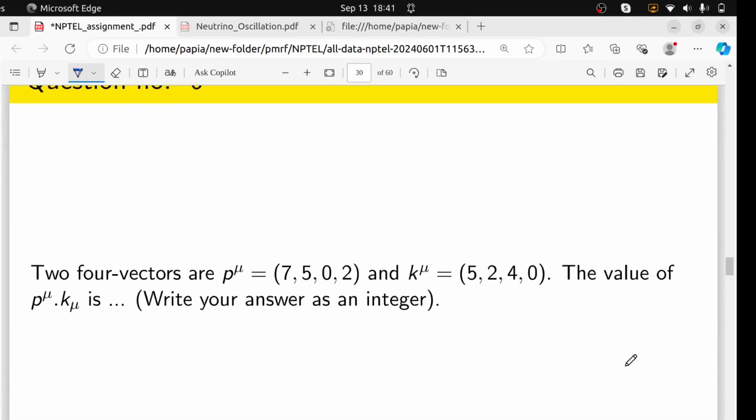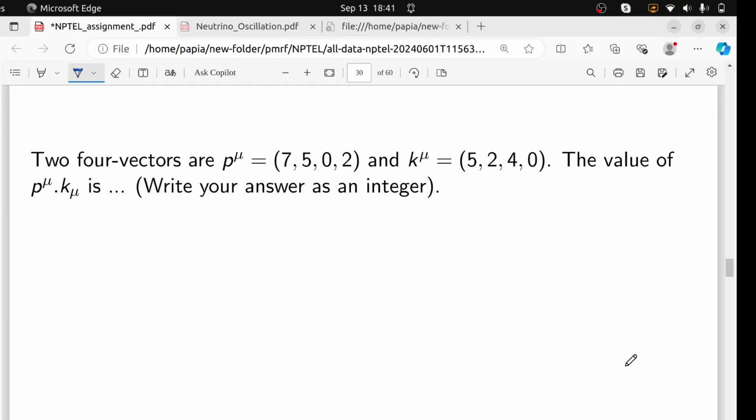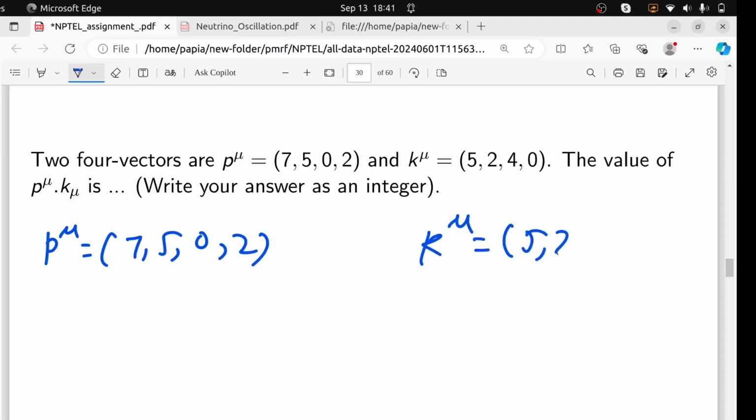So question number 6. Two 4-vectors. It is a similar question, so let me quickly do that one. P mu is 7, 5, 0, 2. K mu is 5, 2, 4, 0.